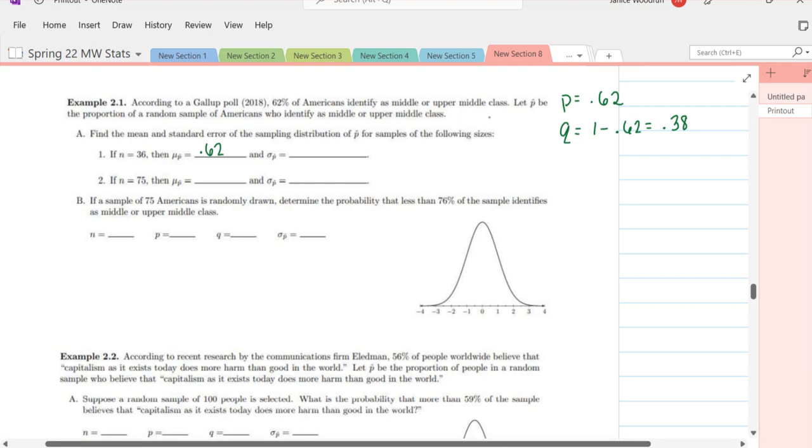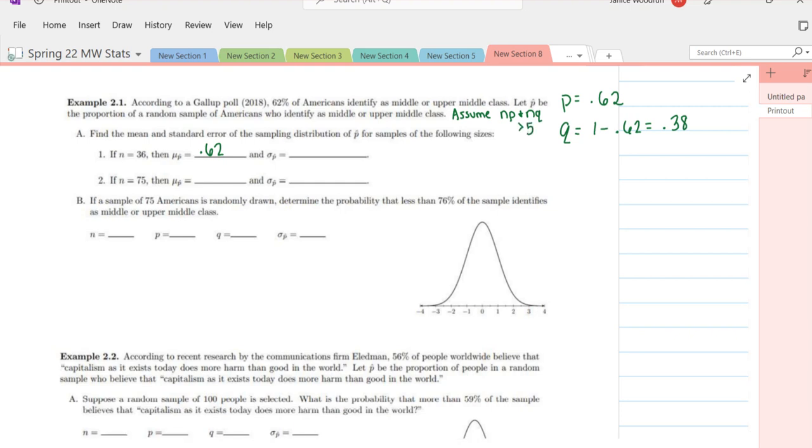And before we do the standard deviation, the reason we can say the mean is equal to p is because we're going to assume np and nq are greater than 5, which we can actually do a quick check with.